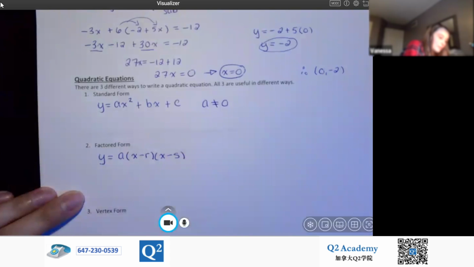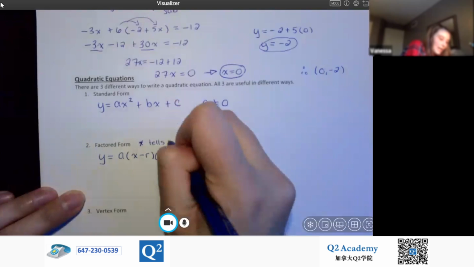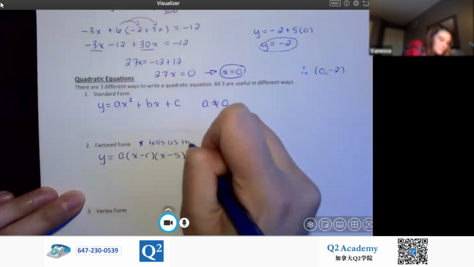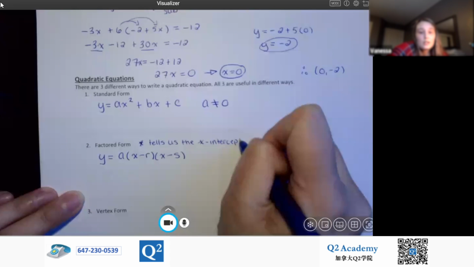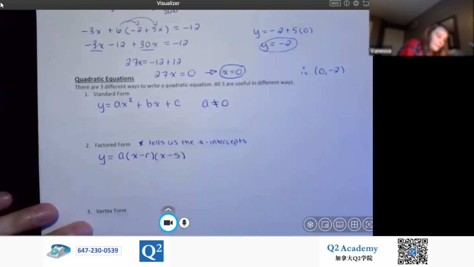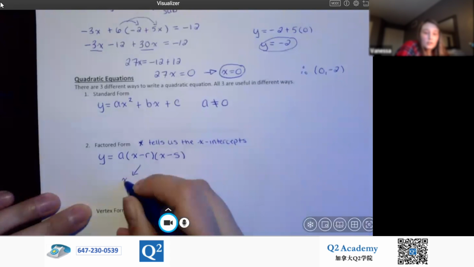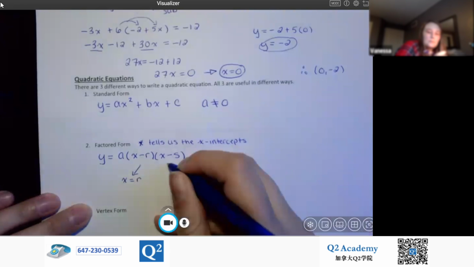So that's very important. This form tells us the x-intercepts. So that's super helpful. If you have an equation in this form, your first intercept will be, of course, r, and your second one will be s.